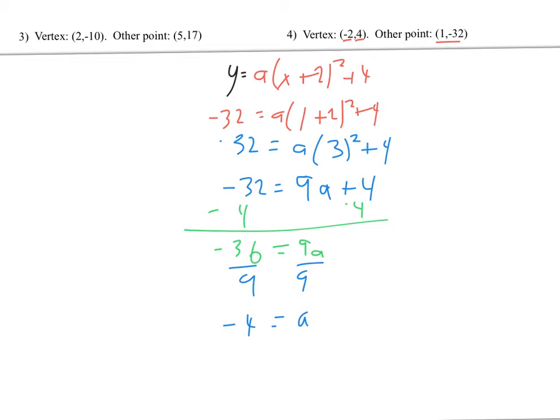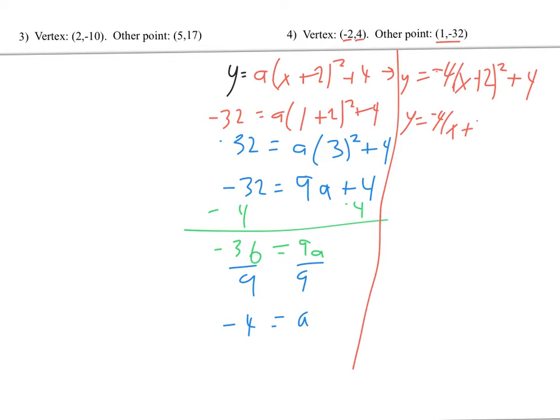So we have our vertex form now. We'll just copy this over. Let's change that into -4 times x plus 2 squared plus 4. Okay, now we have to expand this. So once again, just like last problem, I'm going to write the parentheses twice, and then I'm going to multiply it together using the box. So we get x squared, 2x, and 4.